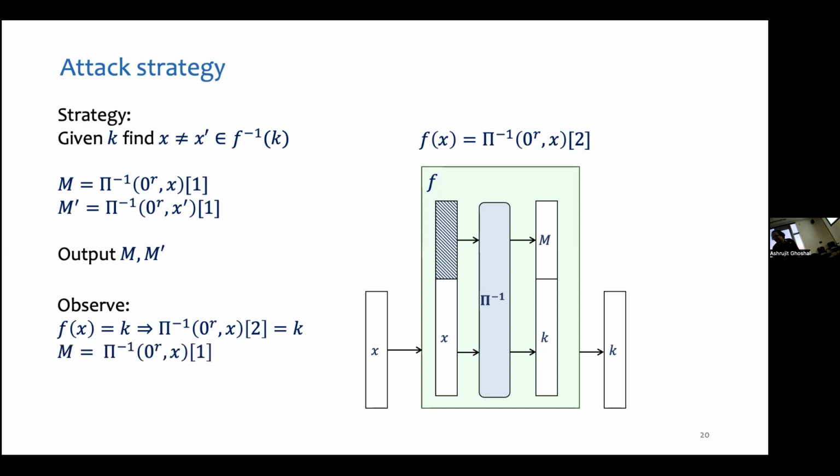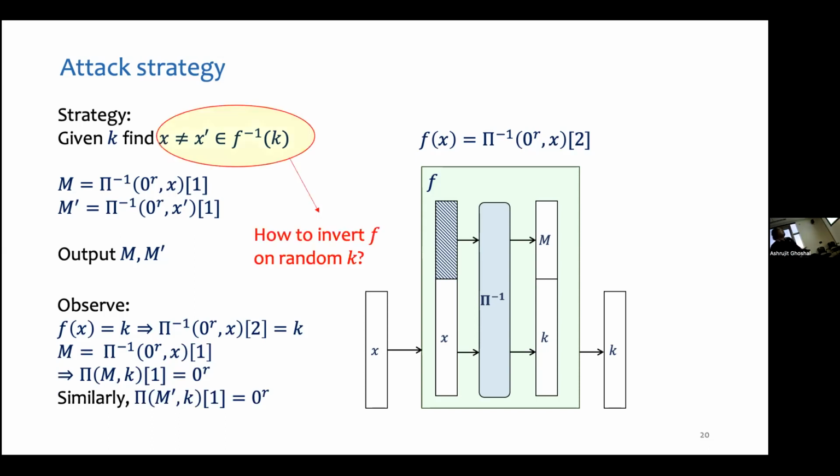And we know that by definition, the first r bits of this evaluation is m, meaning that the evaluation of pi on m and k produces all zeros in the first r bits. And we can prove the same thing for m prime, and we are done, assuming that we know how to invert f on a random k and produce two distinct preimages.